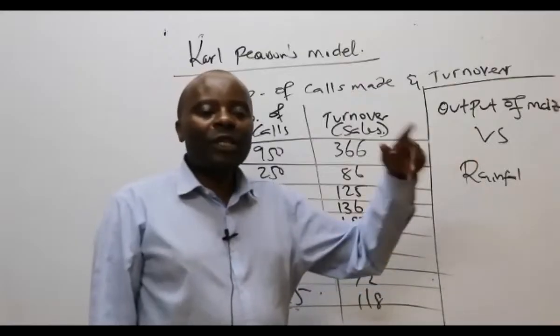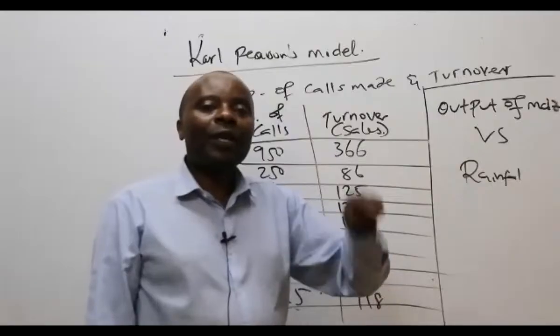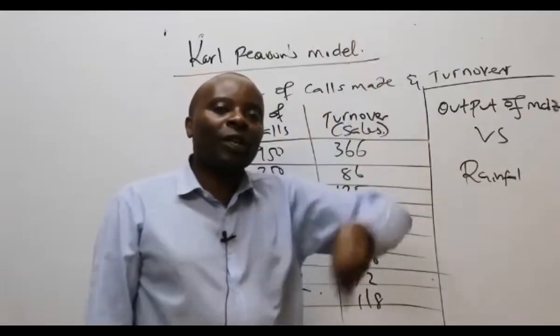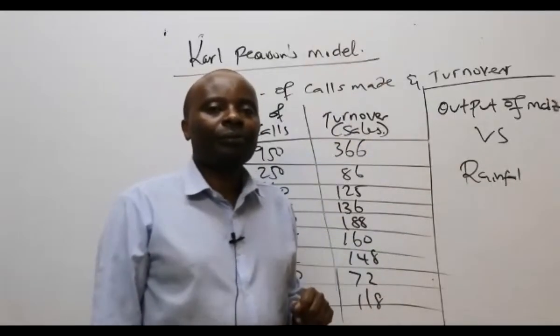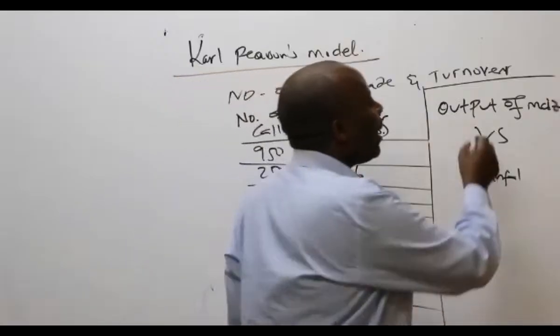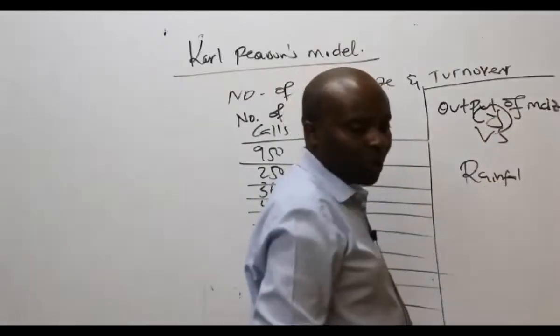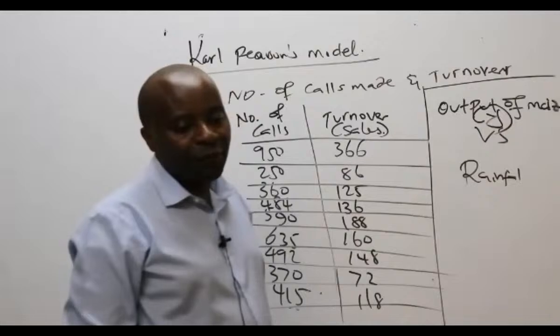The one that depends on the other is maize. So the one that depends on the other on a Cartesian plane has to be plotted on the y-axis. So here, maize should be the Y because it is the one that depends on rainfall.